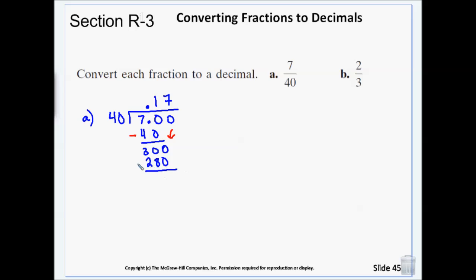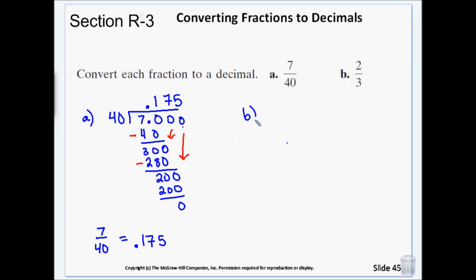And I'm going to subtract, and that's going to give me 20, and I'm going to add another 0, which I bring down, which will give me 200, and 40 will go into 200 5 times, which will give me 200, and I have no remainder. So 7/40ths is the same thing as 0.175. These are equivalent, no problem.